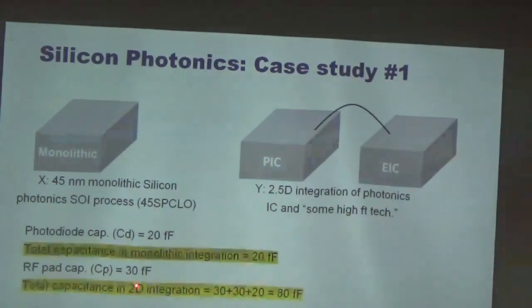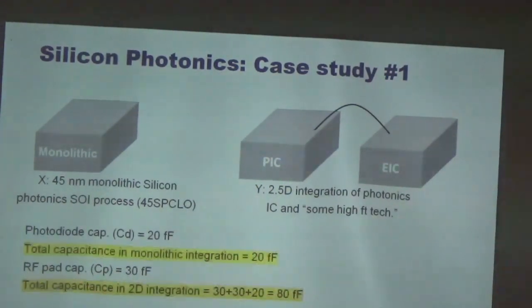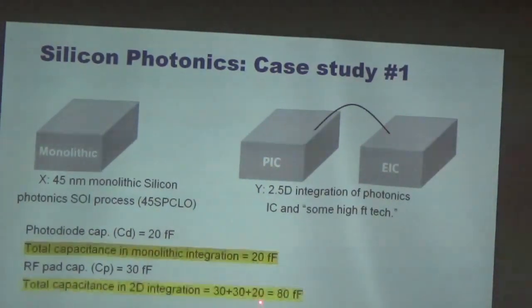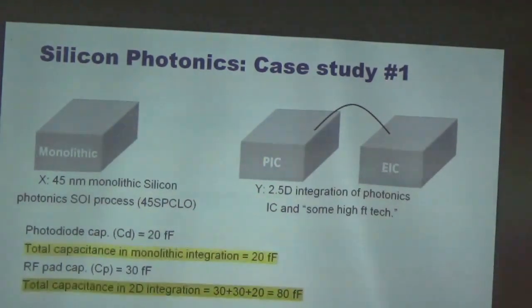But when we go for the hybrid, there is some RF pad here and one pad here. They contribute a lot of parasitics. If we assume an RF pad has 30 femto, then 30 femto comes here, 30 femto comes here, and an additional 20 femto from the photodiode, so it becomes 80 femto. Almost 4 times the capacitance goes up because of this 2.5D integration.